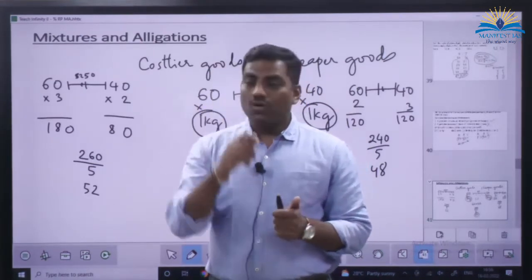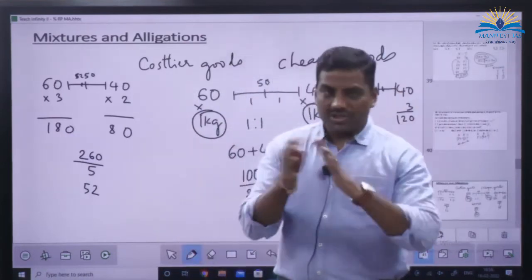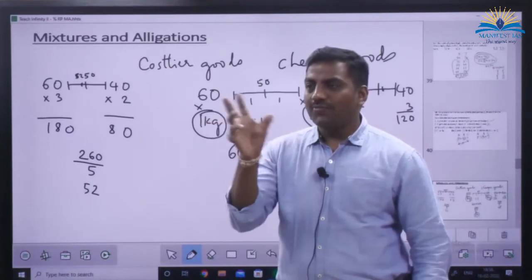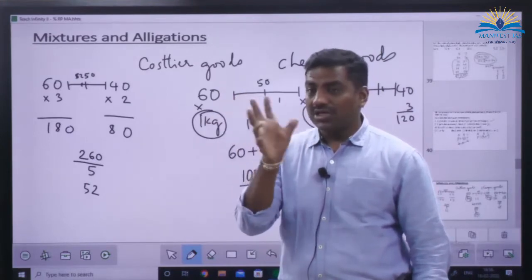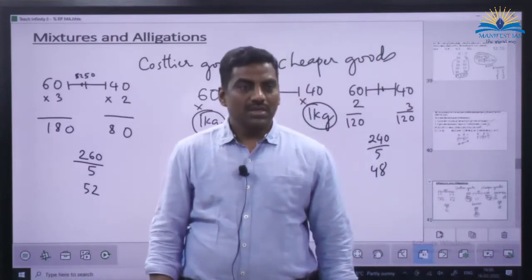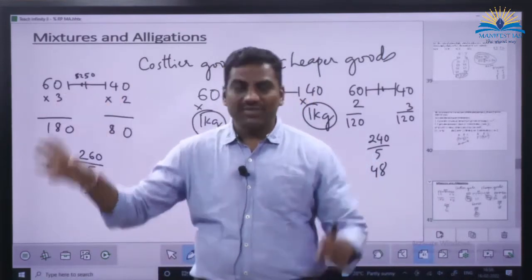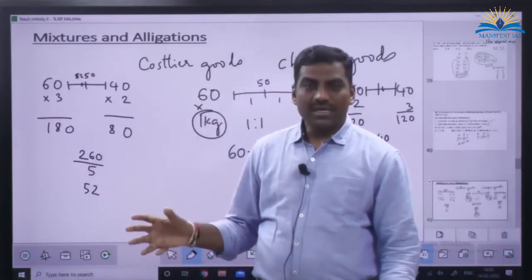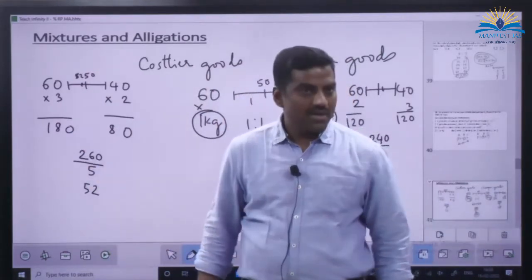Got it? So take any ratio for the mixture. What is the range for these prices? Take any mixture, 100 kg of this, 200 kg of this, or 50 kg of this, 10 kgs of this. Mix in any manner.